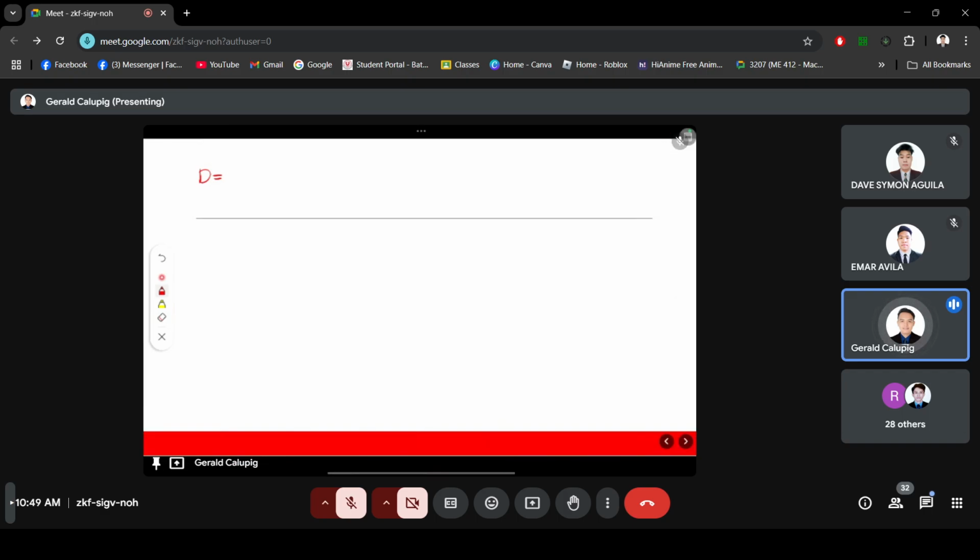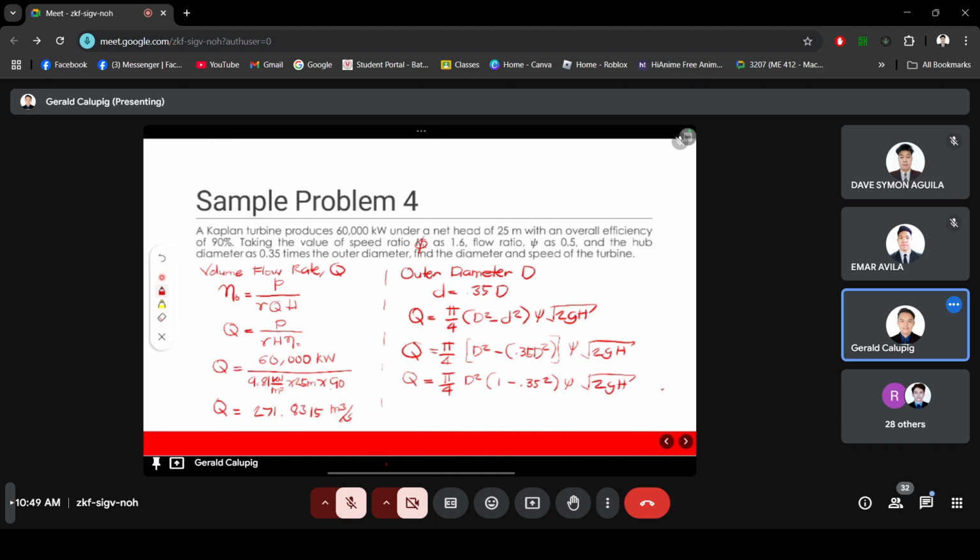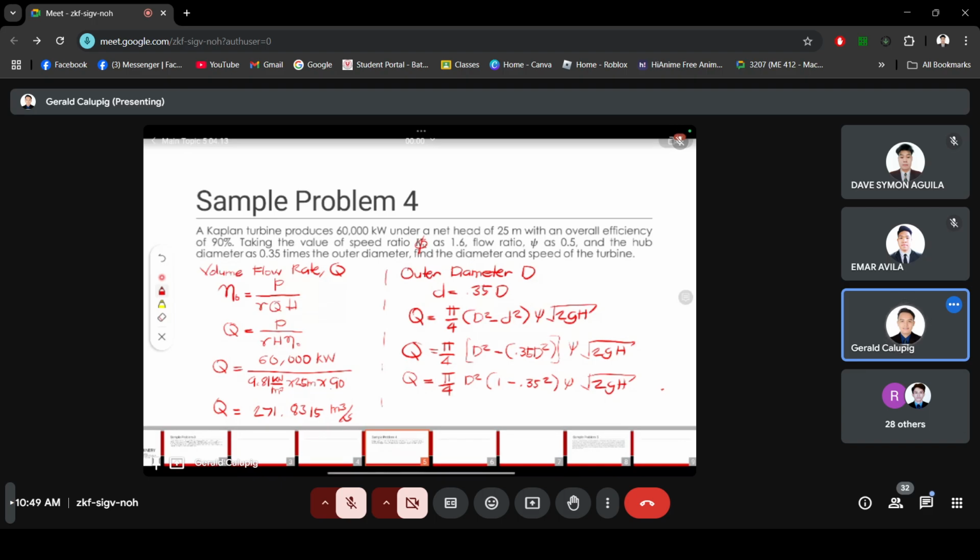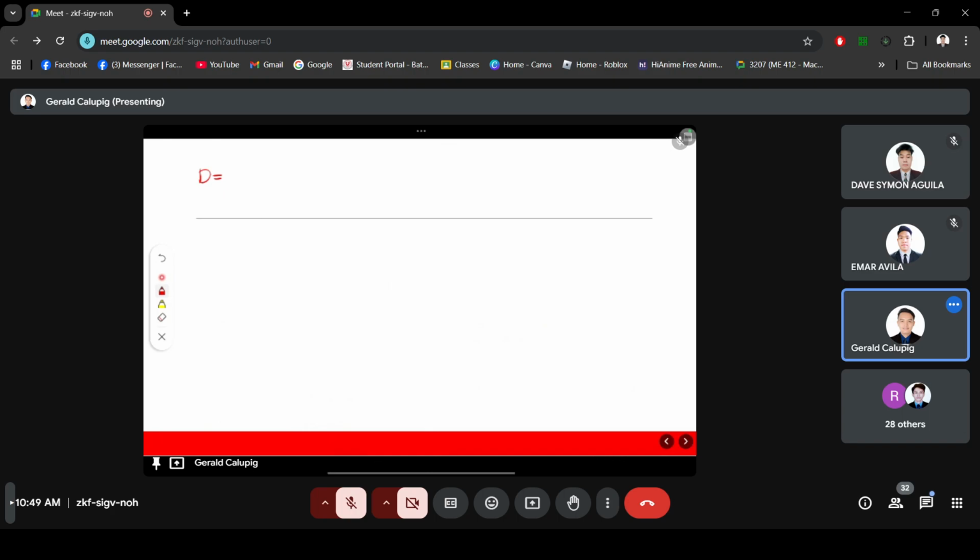We can have here pi times 1 minus 0.35. Okay. Pi times 1 minus 0.35 squared, huwag kakalimutan yung squared, times the flow ratio times the square root of 2gh.